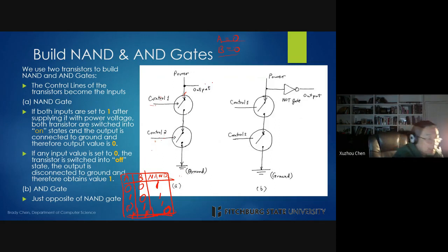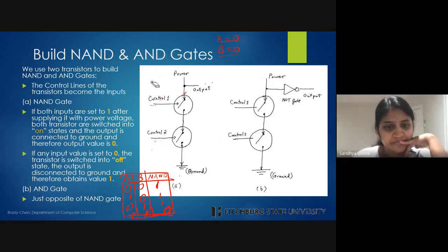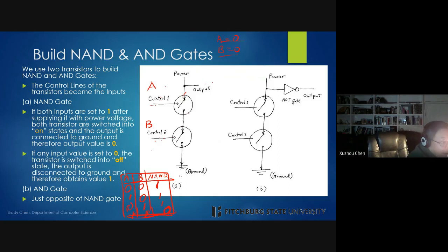So let's say this is A, right? This is A. This is B.